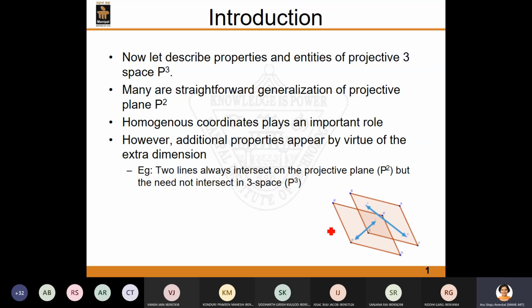But in the 3D view, these lines lie on two parallel planes, so they do not really intersect. We cannot always say that any two lines intersect in 3D space, because even though the orientations differ, they may lie in different planes. Because of that, there are some changes in the mathematical representations and algorithms.